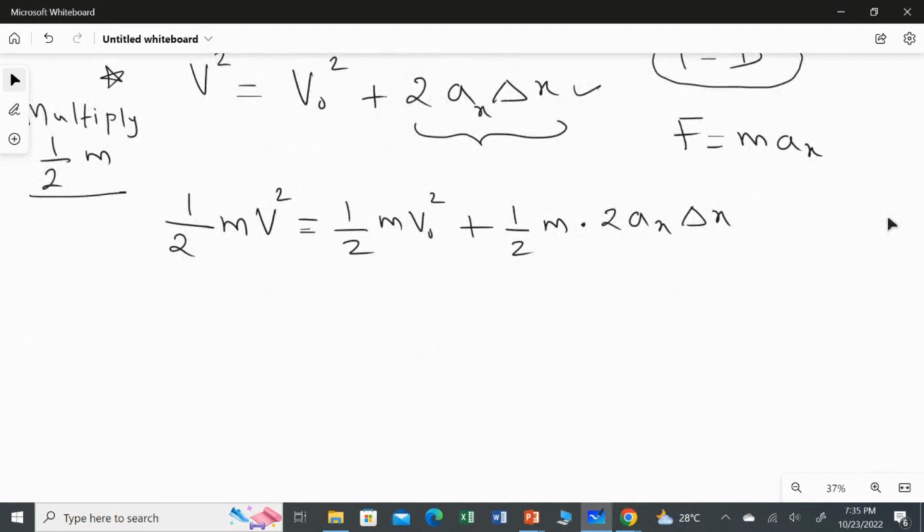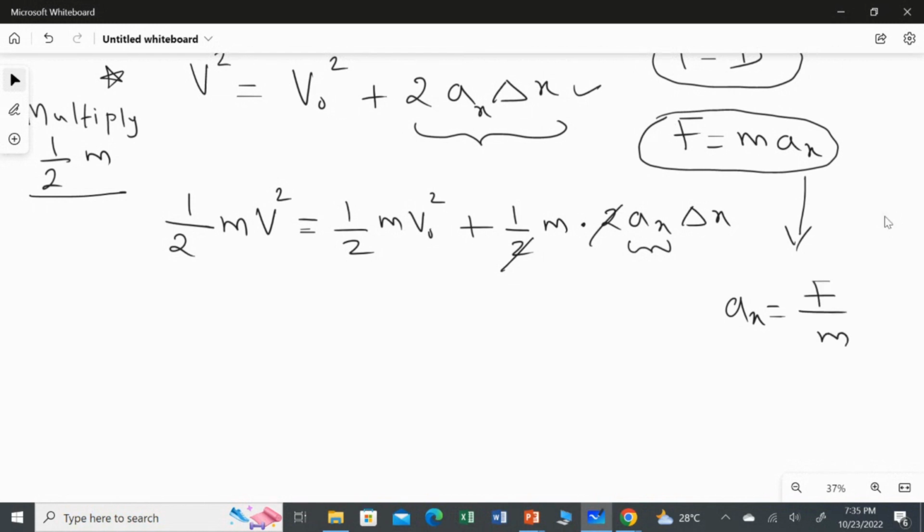Now if you see this, we can cancel this 2 with 2, and for this acceleration I'm going to use Newton's second law, F equal to mass multiplied by acceleration in one dimension. From this equation, I'm going to rearrange in terms of acceleration. Therefore, acceleration in the x-axis is equal to F over m.